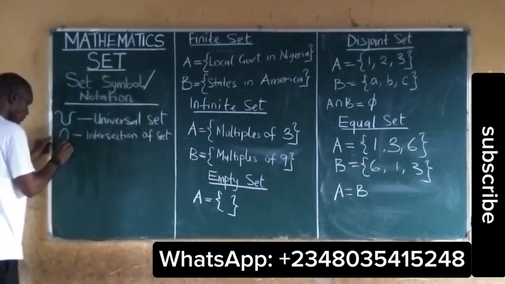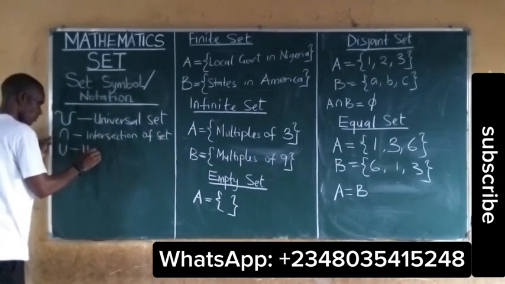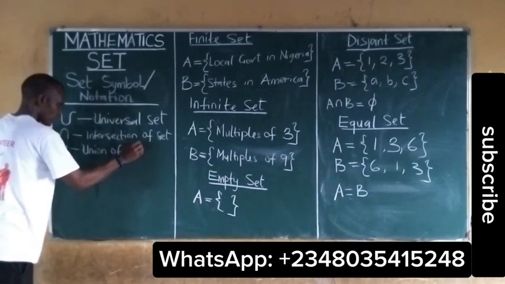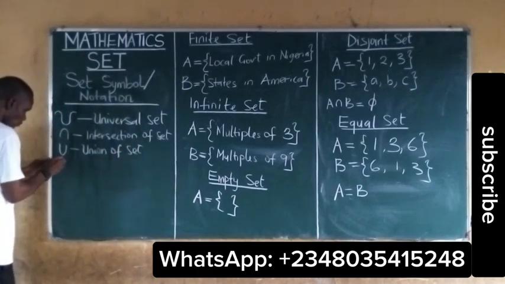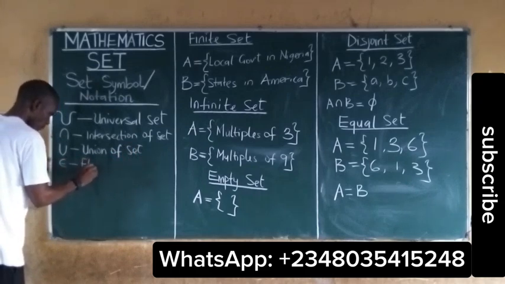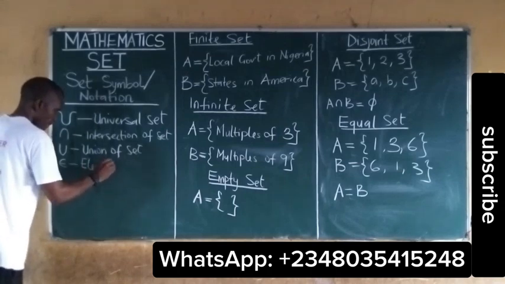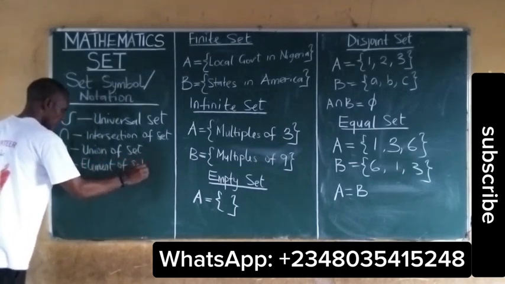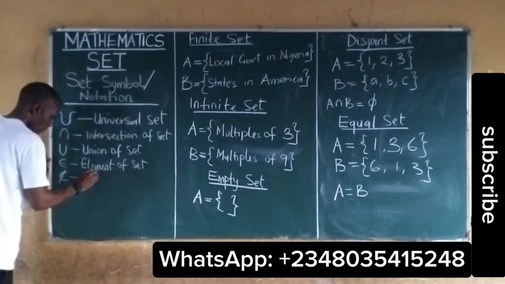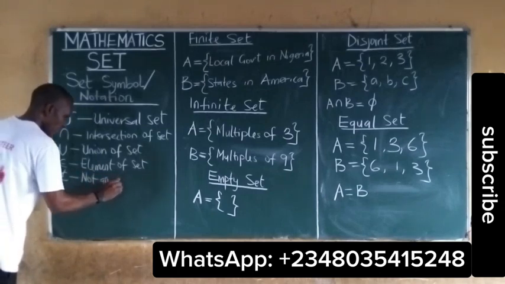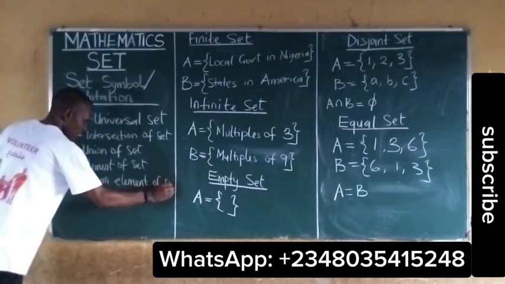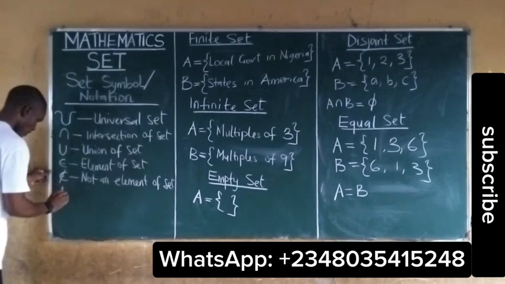We have this as the union of sets. We have this as the element of sets. And this, not an element of sets.